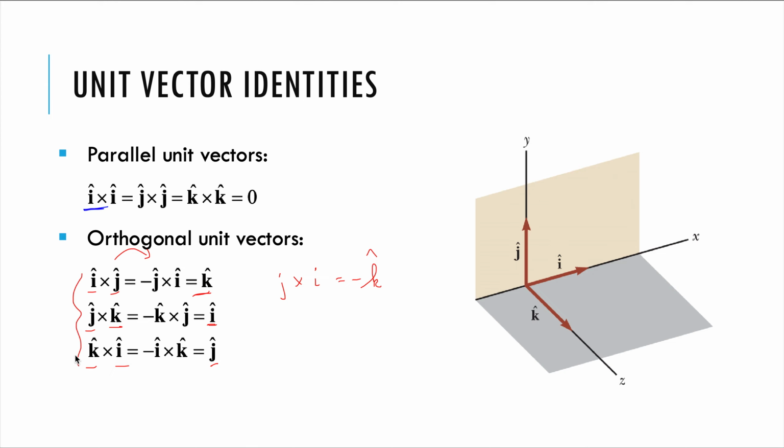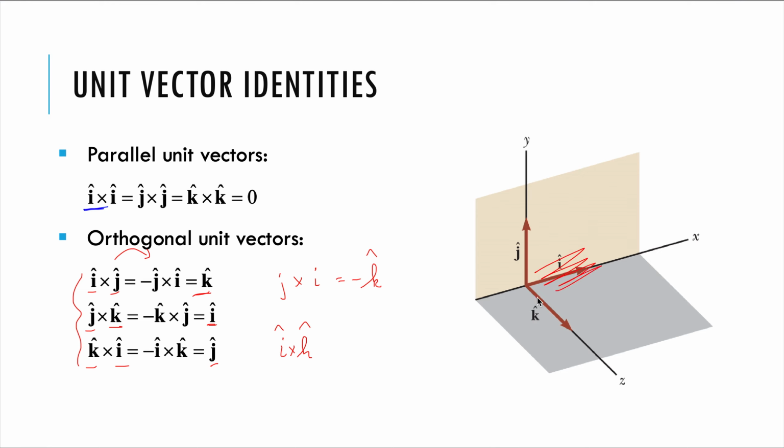But if you ever don't know what the direction of the cross product is, you can always use the right-hand rule. So let's say you're trying to do I cross K, for instance. Well, you're going to put your fingers in the direction of I. So you have your fingers over here.